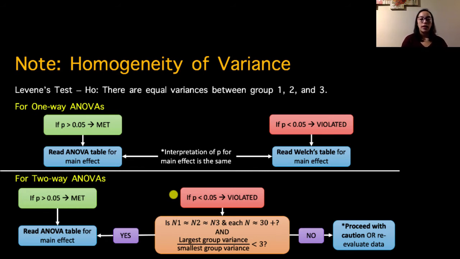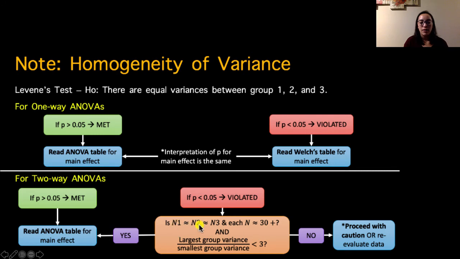So there is kind of some limitations in SPSS where we can't apply certain correction factors that usually would take care of not having homogeneity of variance, but we don't have those resources available to us. So there is kind of a loophole, if you will.